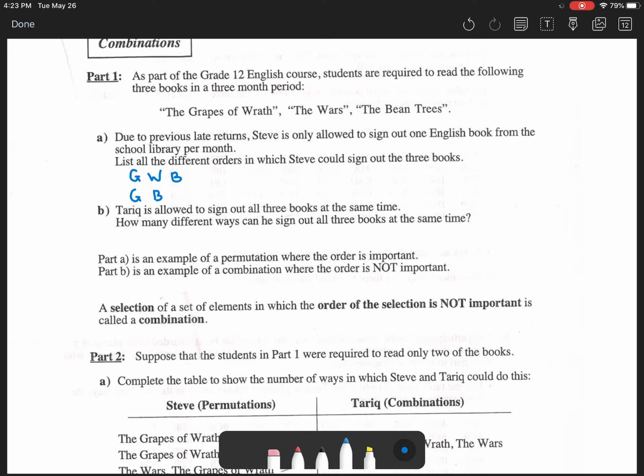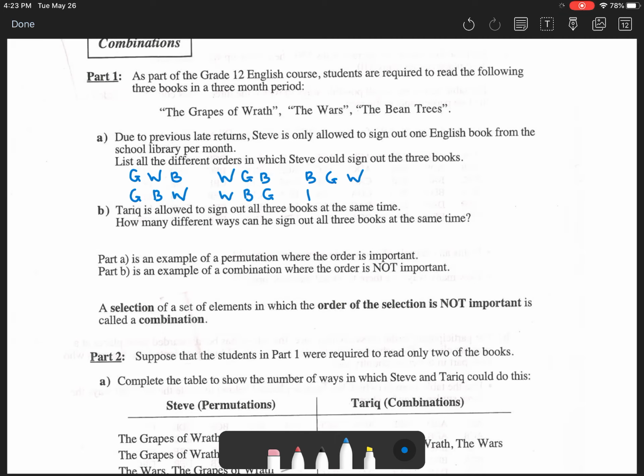So that's one way. Another way would be, he could still take out Grapes of Wrath the first month, but then maybe he takes out the Bean Trees month 2 and then the Wars month 3. That's a different order. Then I start with, for example, the Wars: Wars, Grapes of Wrath, Bean Trees; Wars, Bean Trees, and Grapes of Wrath.